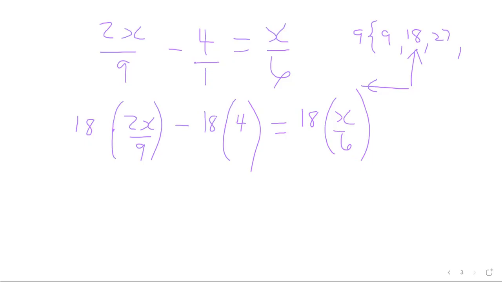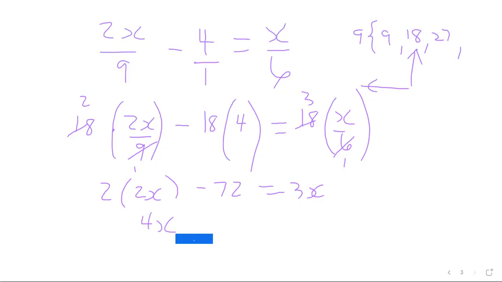Now, 9 will go into itself one time, it will go into 18 2 times. 6 will go into itself one time, it will go into 18 3 times. So I've got 2 times 2x minus 18 times 4, which is 72, equals 3x. So 2 times 2x is 4x minus 72 equals 3x.